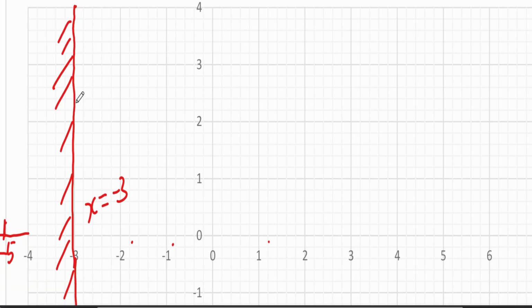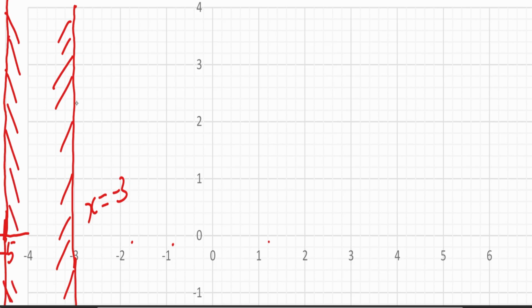So numbers that are greater than -5 should not be included. That's why I'm shading it this way. So this is x equal to -5.